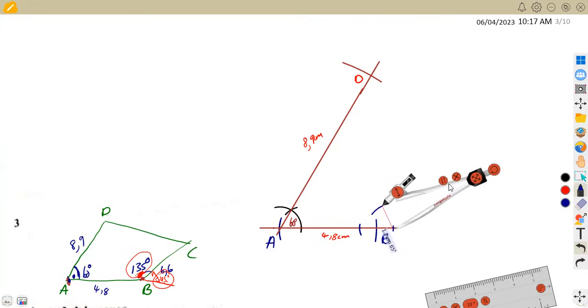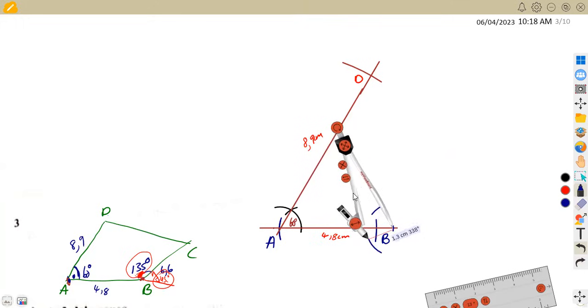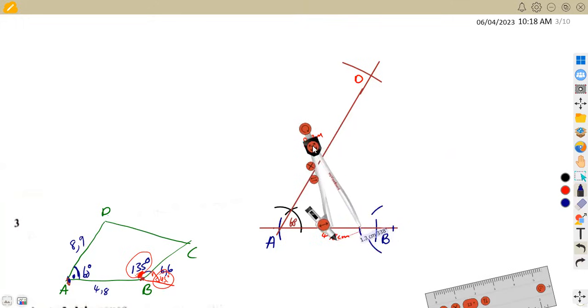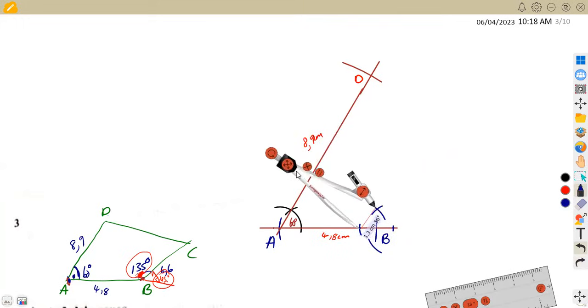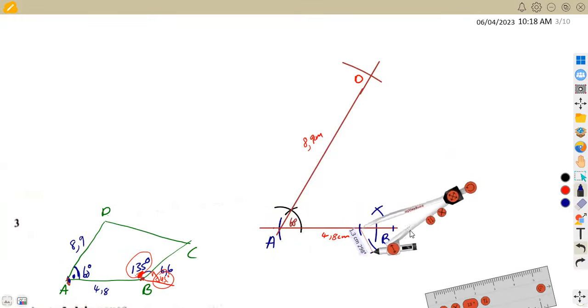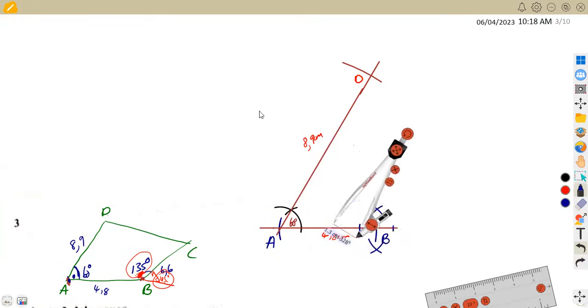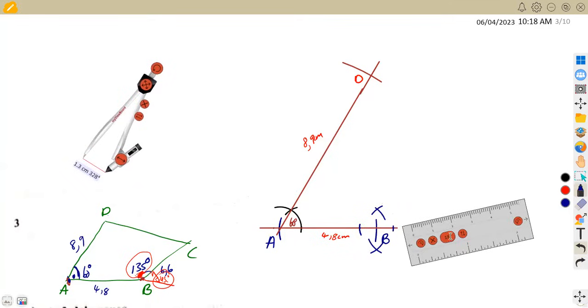We just use this one at B. Or you can mark another arc down this side, just below the points. You do the same at this other arc here. You mark your arc on top and also below, but below there's no need because we've already got a reference point at B. This is how you can construct your 90-degree angle.